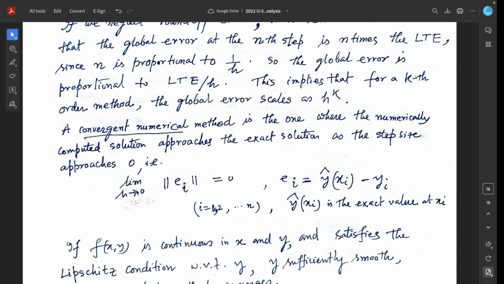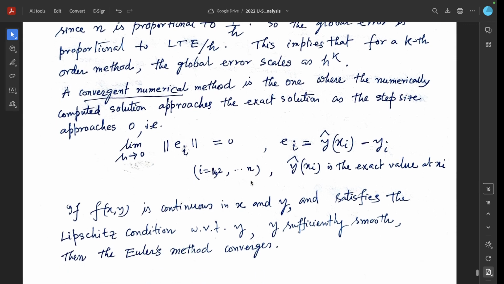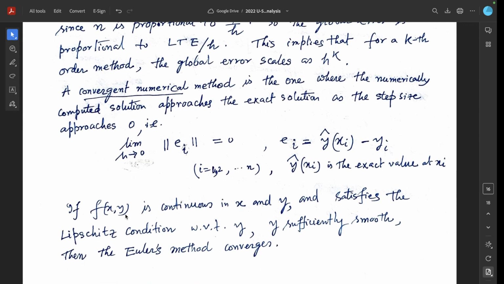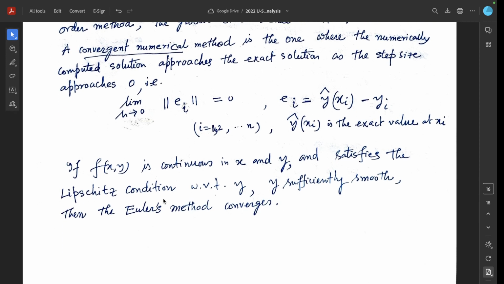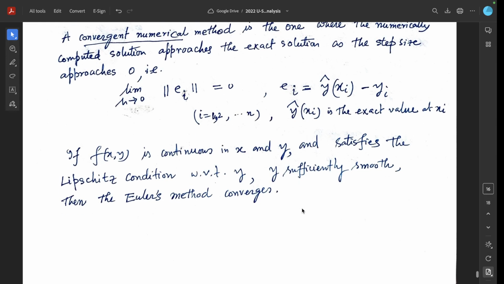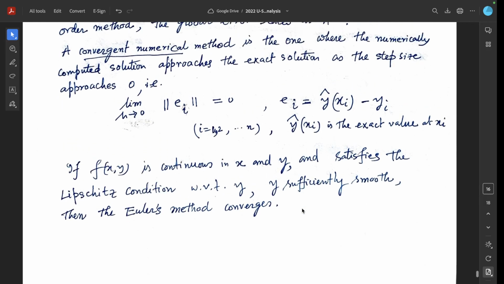Now if f(x,y) is continuous in x and y and satisfies the Lipschitz condition with respect to y, and y is sufficiently smooth, then Euler's method converges. But it is a very slow procedure and not stable, but convergent.